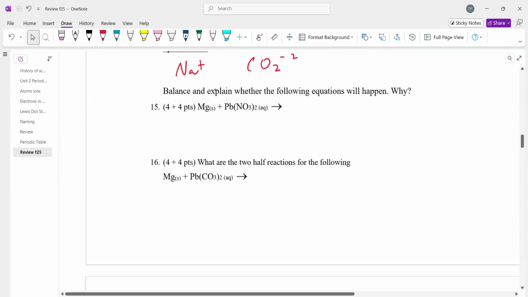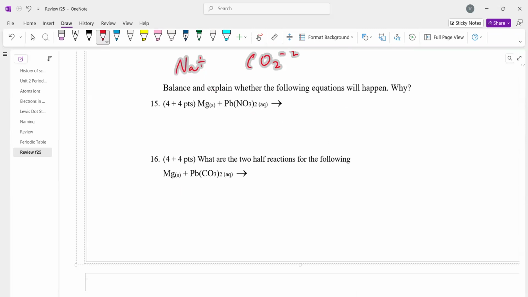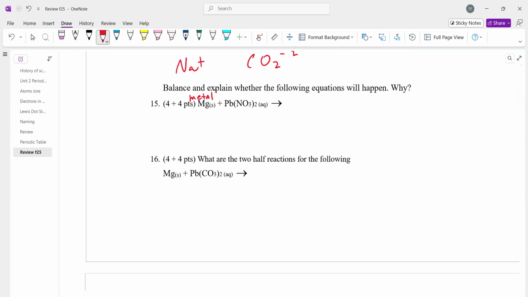Okay, so balance and explain whether the following reactions will happen. Okay, so we have magnesium solid or metal. So that's a metal plus a salt. That means it's a single replacement reaction.